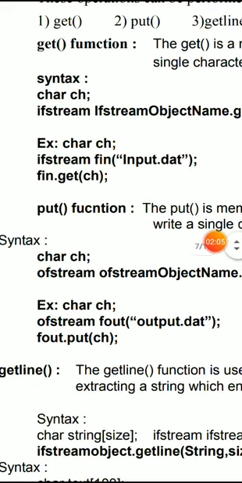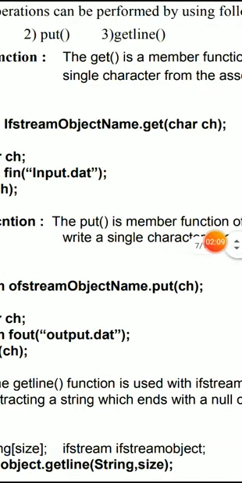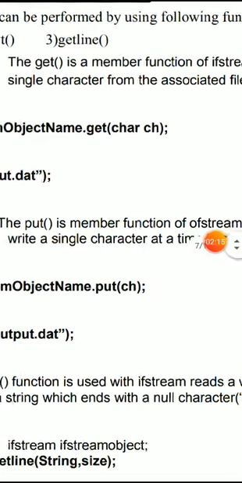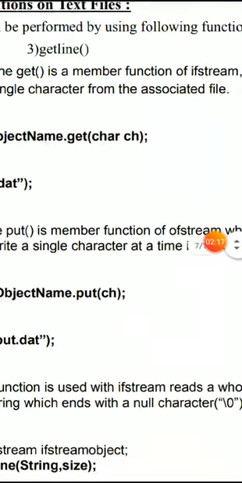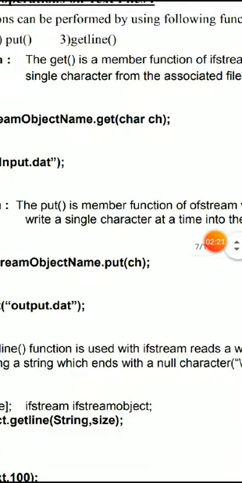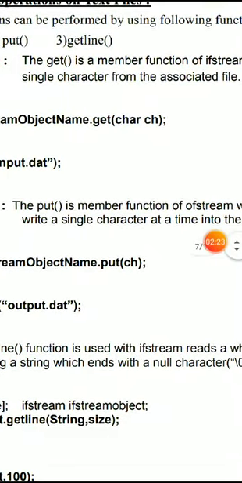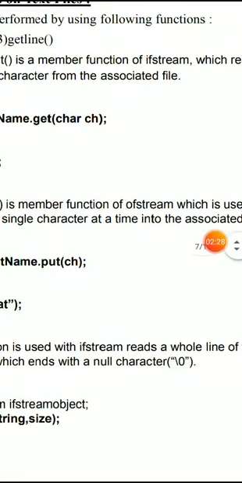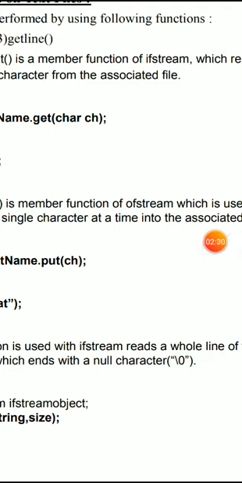Similarly, in order to write a single character at a time on a file, we make use of a put function. The put function is a member function of ofstream class because its task is to write. Put function will write one character at a time to the specified or associated file. So that's why put is an output function which is available in the fstream.h header file, and this function is used to write a single character at a time to the associated file.